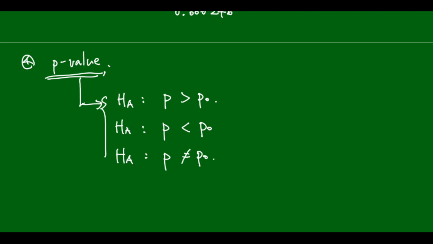In the kind of tests we have in basic statistics, all the alternative hypotheses look like the first form, the second form, or the third form.